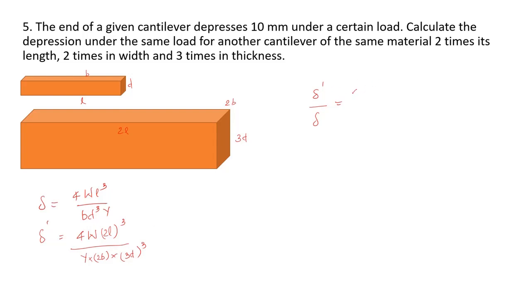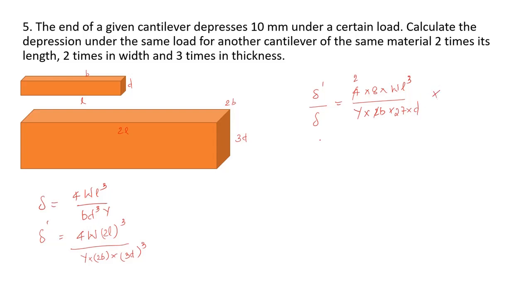We have 4 into 8 into W L cube divided by, in case of delta dash, Y into 2b into 27 into d cube.